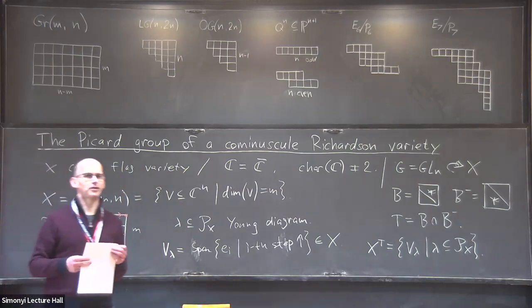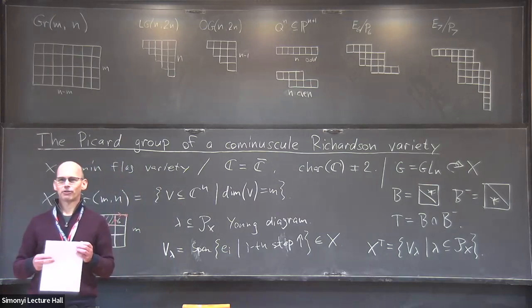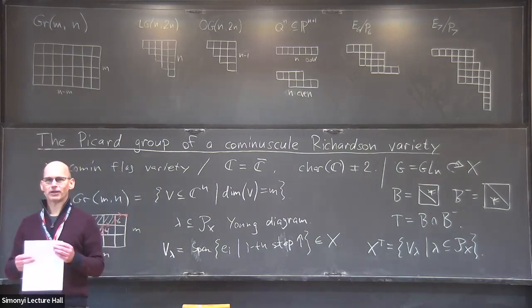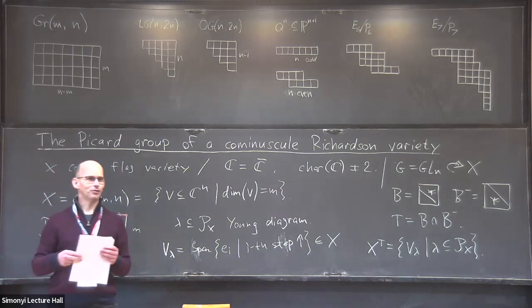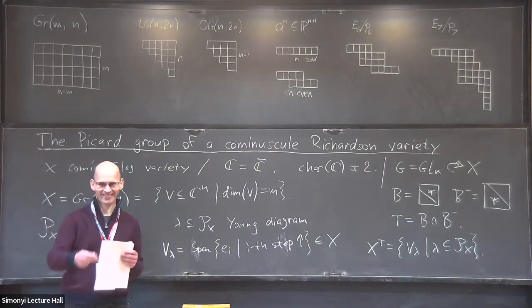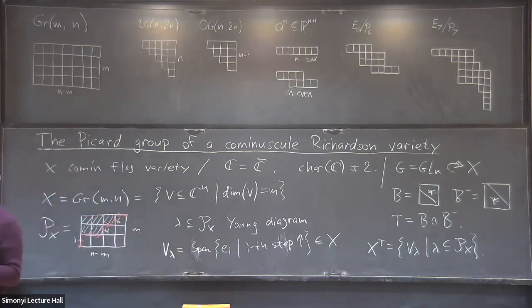And then later on, Tariq Rajhi and Beihong Xu, who is here, yeah, they did the same thing for Grassmannians, and then they bumped that up to classifying Richardson varieties in cominuscule flag varieties. That was joint with Richmond.